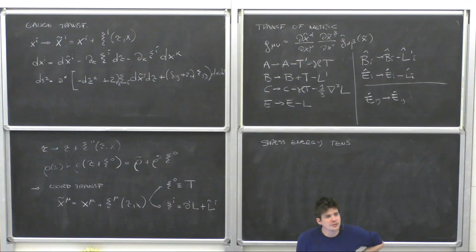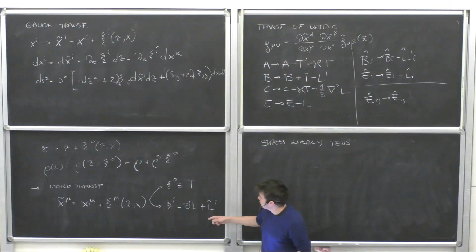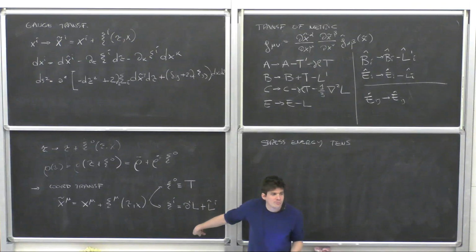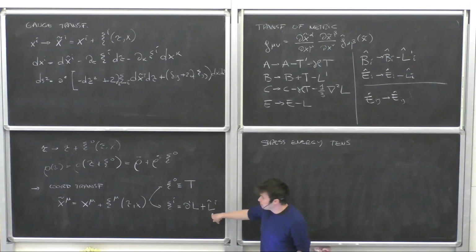Only in linear theory. Only in linear theory. And you can imagine why, right? This is linear theory, so you can't alter the tensors because here you have only a vector, and you can't multiply two of these because you're in linear theory, right?